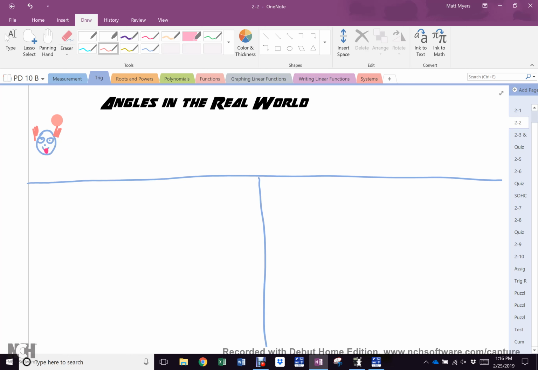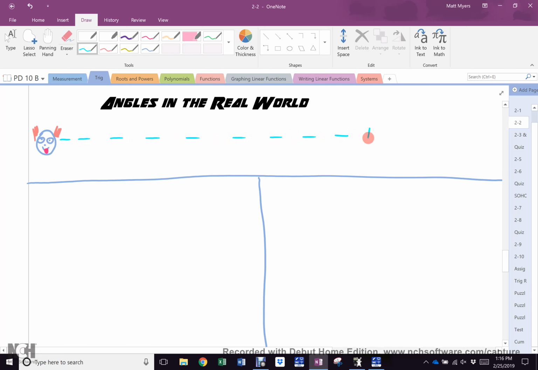All the angles we've drawn before are all written on a piece of paper. They are not real world angles. In the real world, angles look like this. If we have nothing to look at, nothing at all, our eyes look straight on the horizontal. Does everyone agree? So I have this line right here.